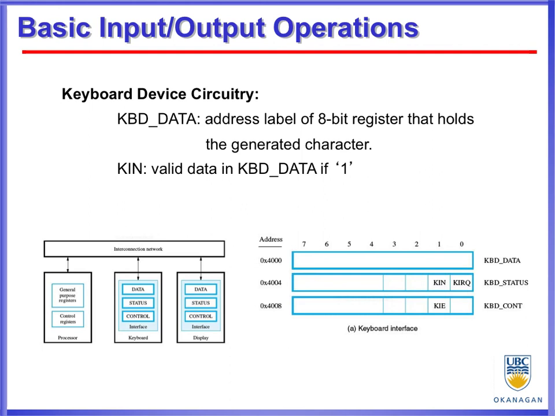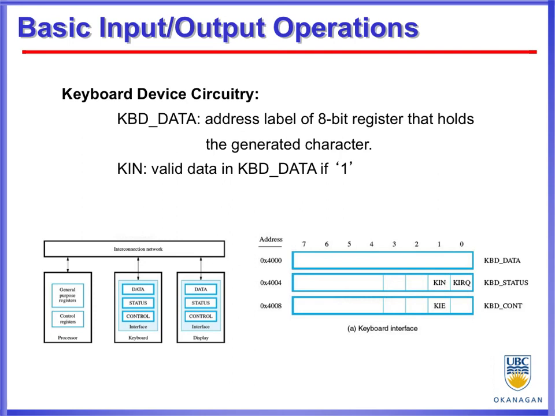So as far as the processor is concerned, each of these registers in the keyboard interface circuitry, which are on board with the keyboard, can be accessed by the CPU simply by referencing some memory address. Okay? So the keyboard registers are assigned an address in the memory space of the computer.